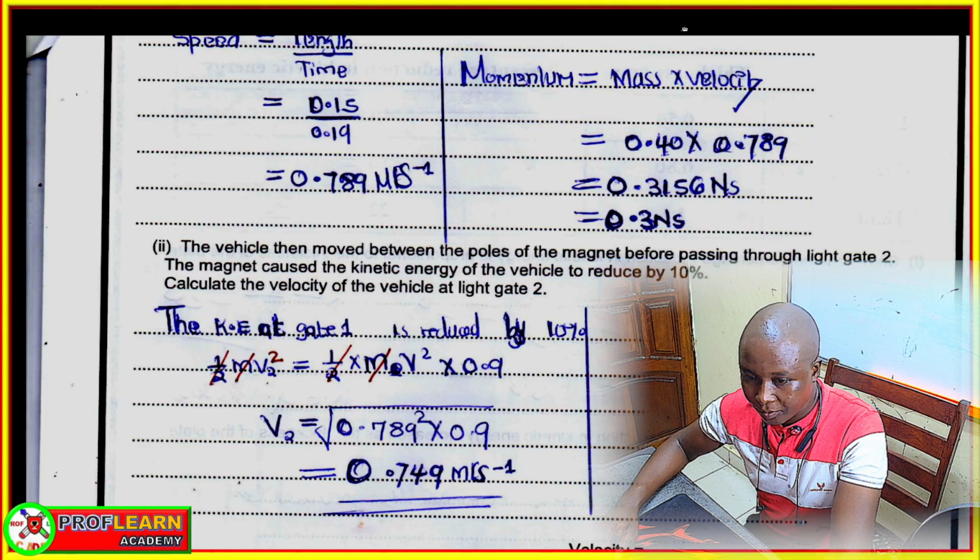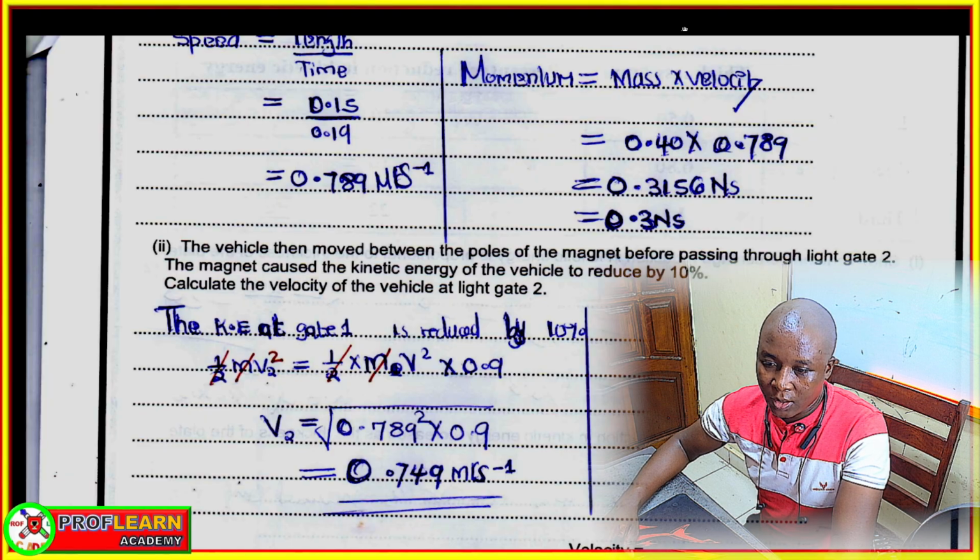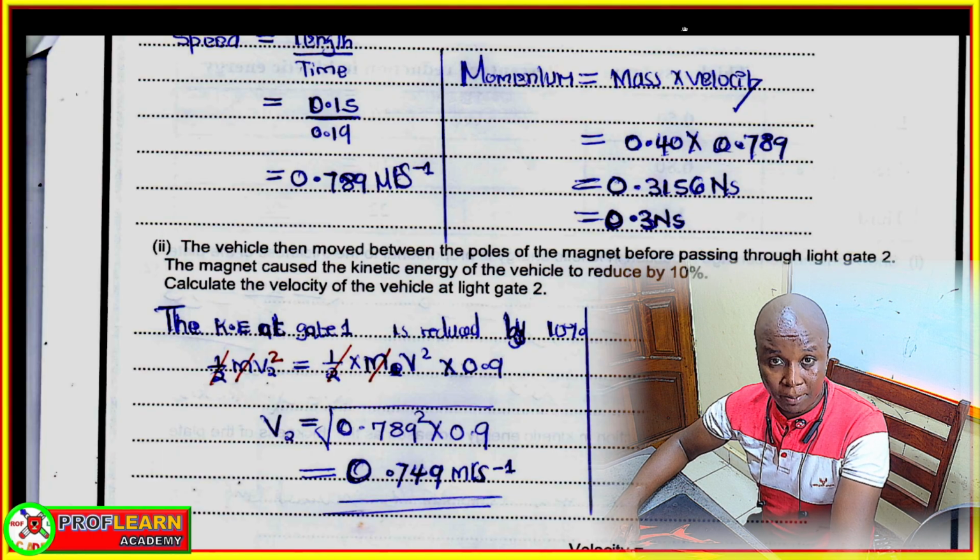Then also we are told that the vehicle is then moved between the poles before passing through gate 2. The magnet caused the kinetic energy of the vehicle to reduce by 10%. So we can get the kinetic energy when it passes there. The final kinetic energy will be equal to the original kinetic energy times 0.9.